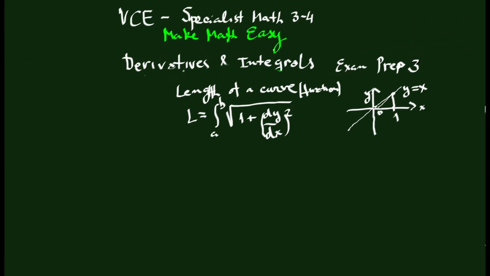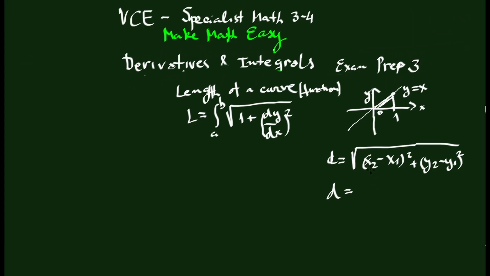So what is the length of this bit here? You already know the distance between 2 points is the square root of x2 minus x1 squared plus y2 minus y1 squared. That's our normal formula, and then we prove that our integral formula will do the same.